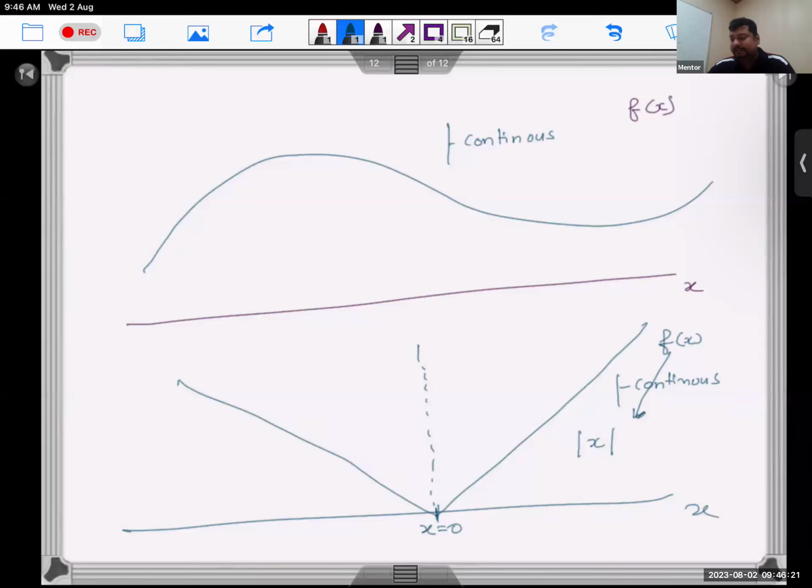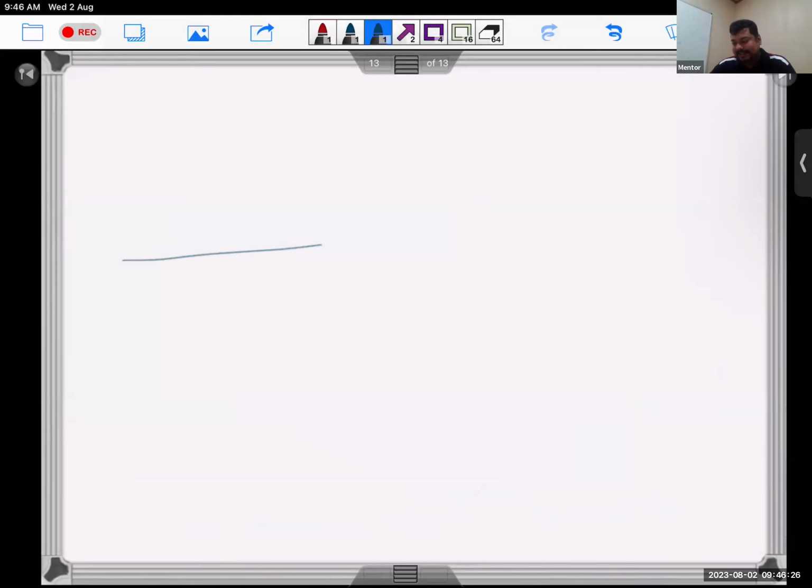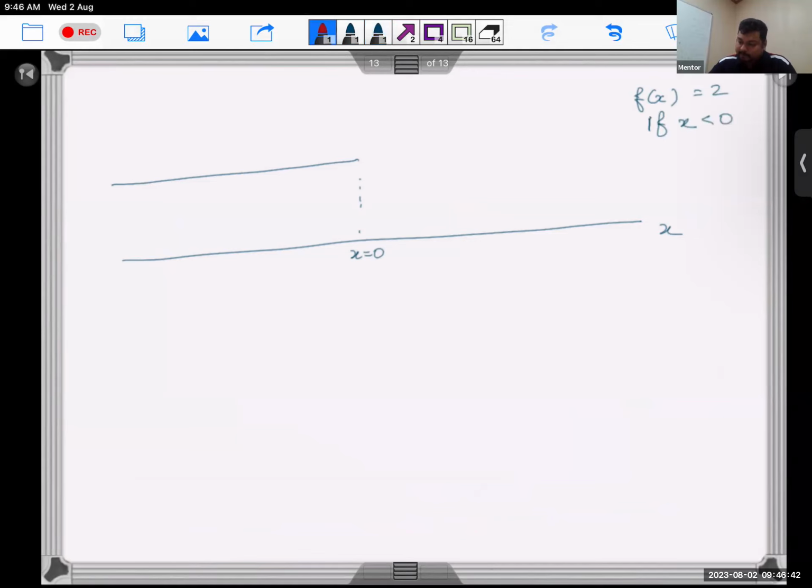You need to satisfy one more. Let me show you a function which is not continuous. Let's say this is x, and I define the function with this value being 0. So f(x) is 2 if x is less than 0 and f(x) is 3 if x is greater than 0.